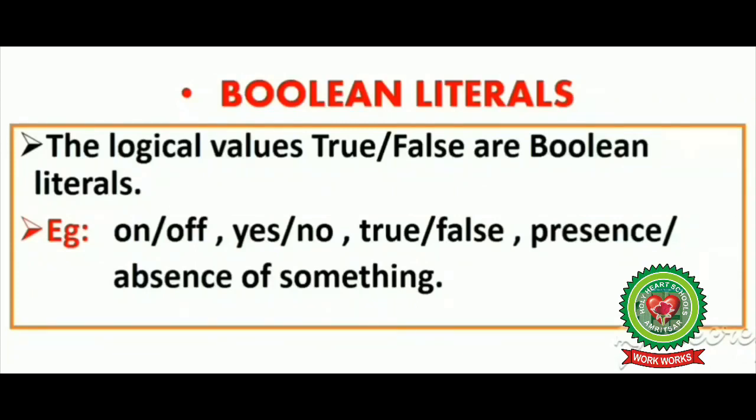For example, a switch is on or off, yes or no, true or false, presence or absence of something. If something is present, that means true; if it is absent, that means false. So when we give the answer in the form of true or false, they are called Boolean literals.